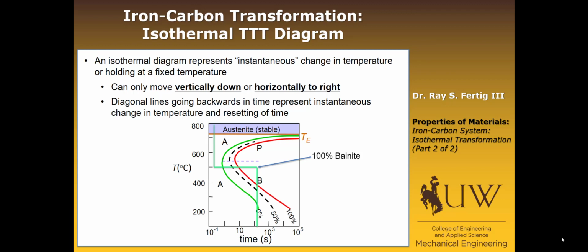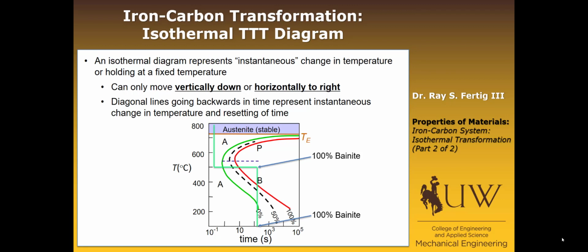What that means is that when I cool down from the bainite to room temperature, even though I go back through this red curve, back through even the green curve, it doesn't do anything to the microstructure because I don't have any more austenite remaining. And so at the end of cooling down, I still have 100% bainite. It will be my microstructure.